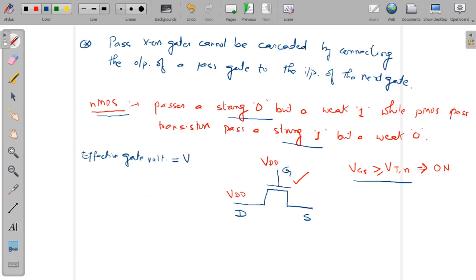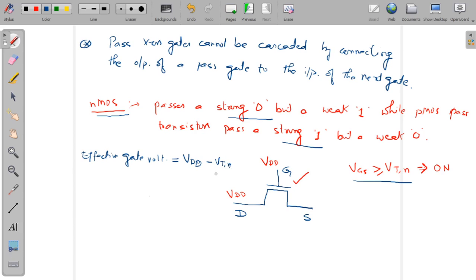Mind it that the gate terminal is connected to VDD, the power supply, and it is higher than the threshold voltage, and at least the threshold voltage is required to turn on the device. So the effective gate voltage that appears to the device would be VDD minus VTN, where VTN is the threshold voltage of the N MOSFET.